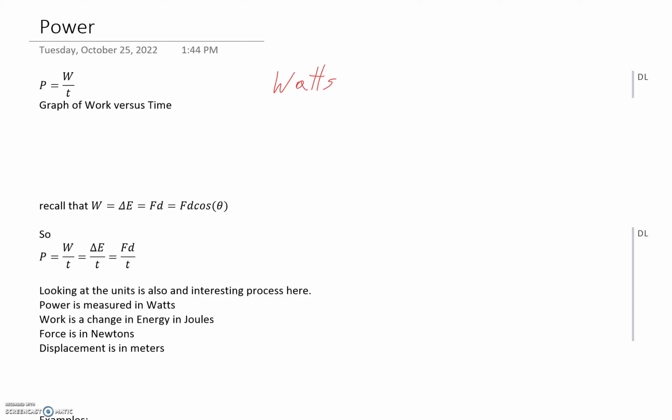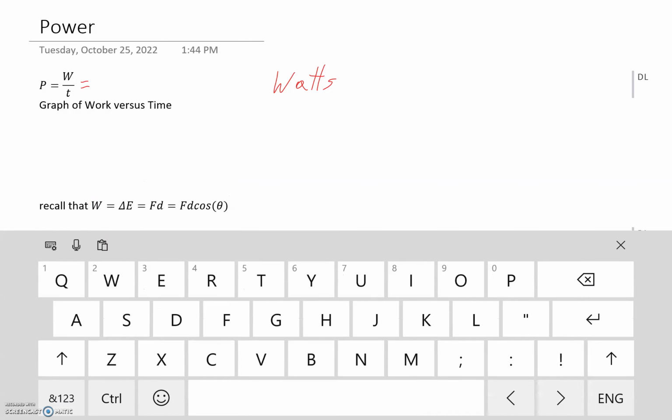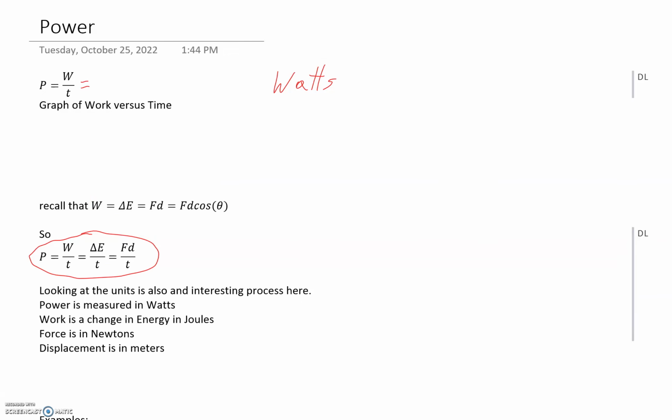And we know that power is work over time, which, in the last video, we talked about all the things that work can equal. So really power can equal all of these different versions here. If we think about power as watts, and we know work is in joules, joules over time, which is in seconds.